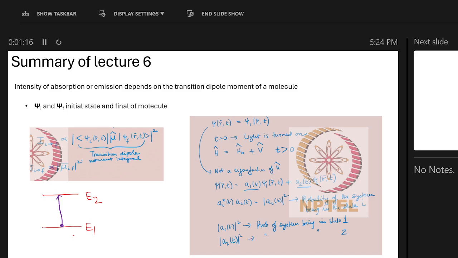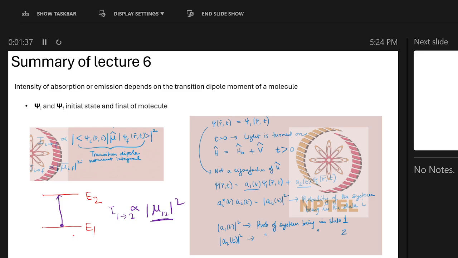The intensity of this transition, 1 to 2, will be directly proportional to the square of the transition dipole moment integral. How can we define this transition dipole moment integral?